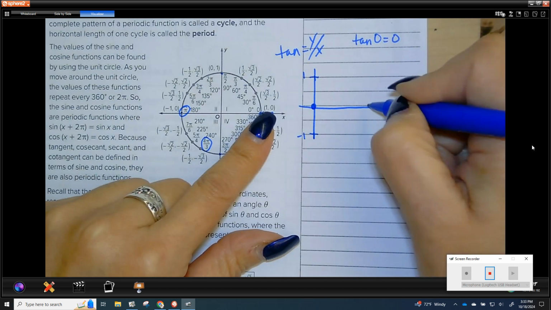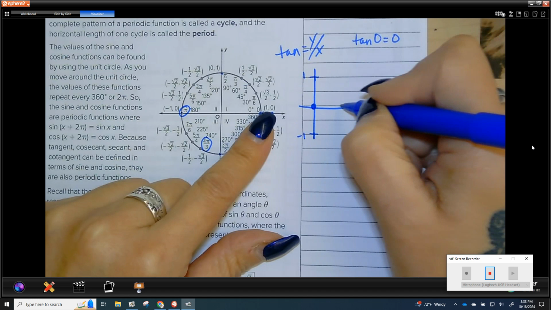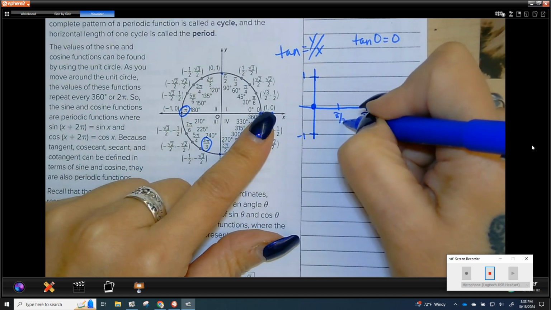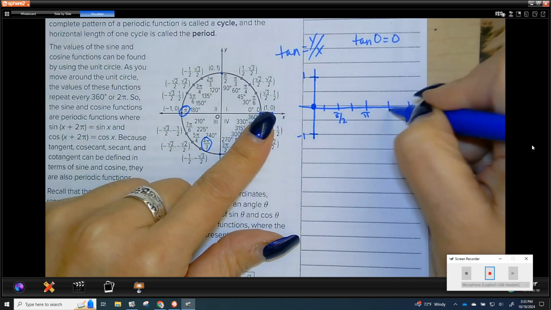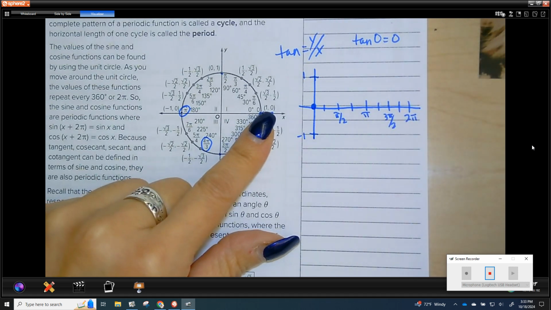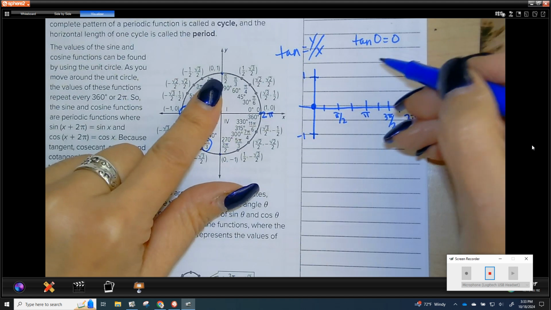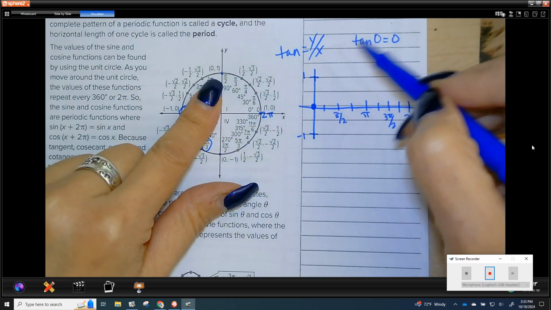I'm going to break this up into pi, 2 pi, pi over 2. This is quarters, 3 pi over 2, and the quarters. Okay, I'm going to jump over to pi over 2 because that's the next one here, and then we'll fill in the quarters after.